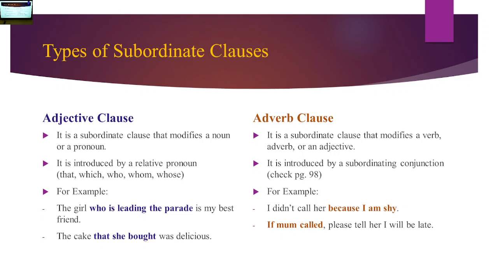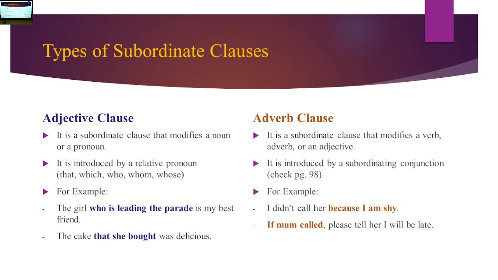But is it an adjective clause or an adverb clause? Let's see. First, it is introduced by a relative pronoun, who. Second of all, it modifies the noun girl. So these two features tell you that what you have here is an adjective clause. Okay?